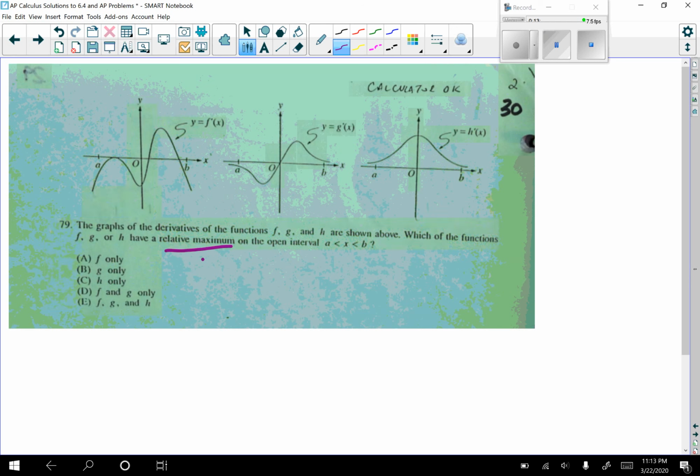So we only get a relative max when the first derivative changes from positive to negative, because we're looking for when our function changes from increasing to decreasing. Remember, we don't want to say when the first derivative changes from increasing to decreasing. That is our function. So our function changes from increasing to decreasing when our derivative changes from positive to negative.